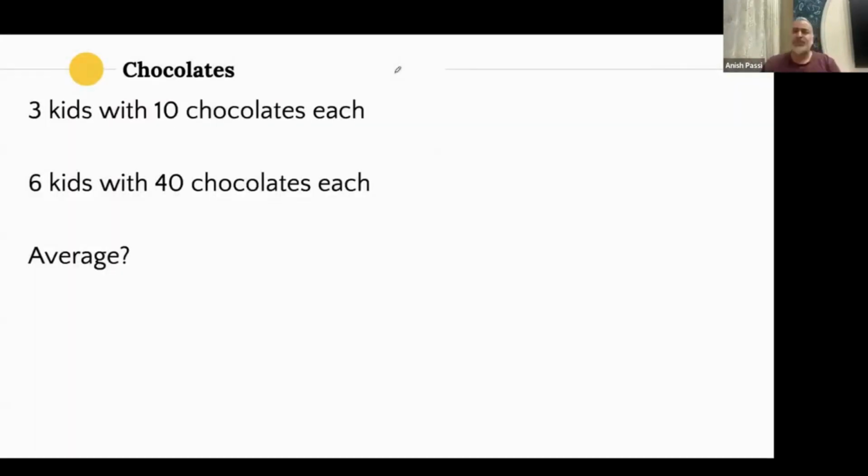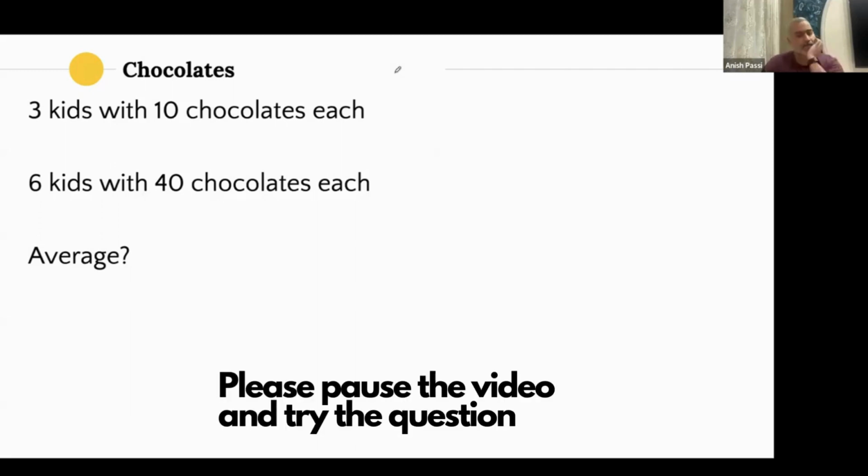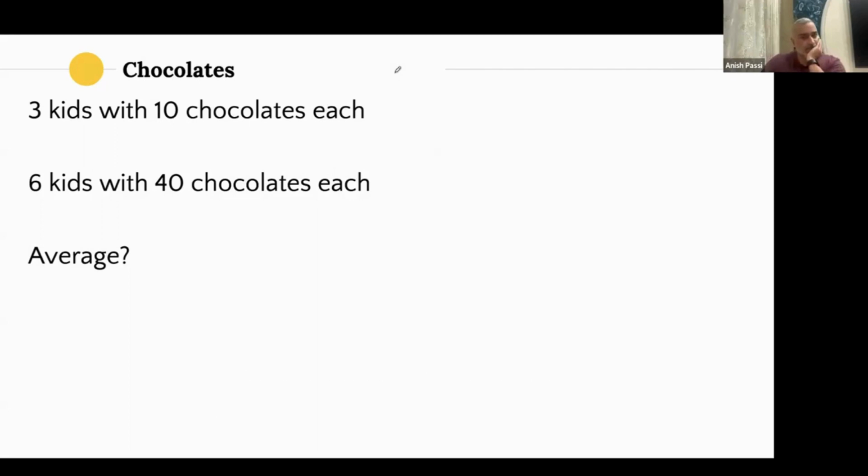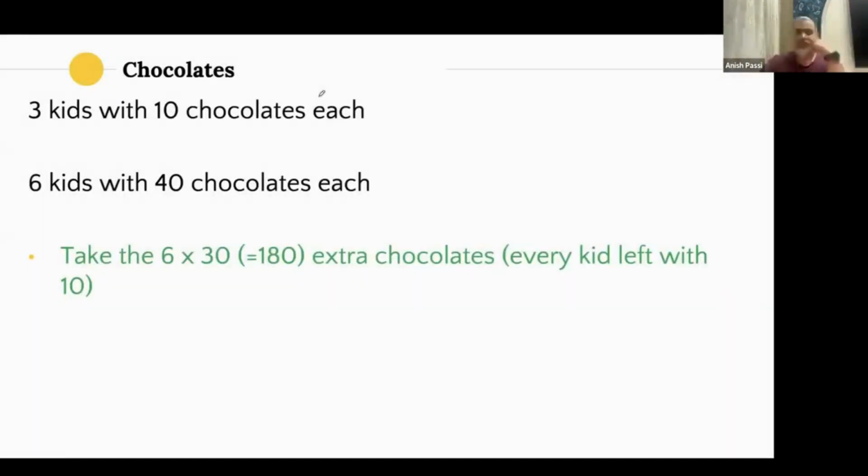Now, let's figure this one out. Tell me, what would be the average in this case? So how do we calculate this 30? Again, I don't want to get into the formula, but think of it this way: let's say we keep 10 chocolates with everyone.